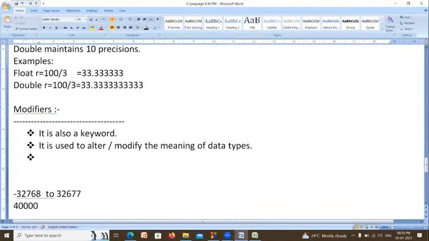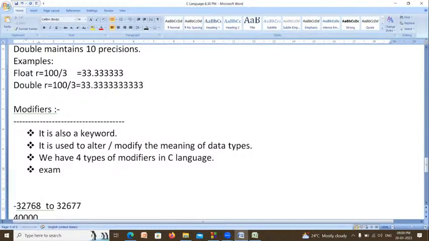If you want to change the meaning of a data type, then you have to use a modifier. In C language, we have 4 types of modifiers.